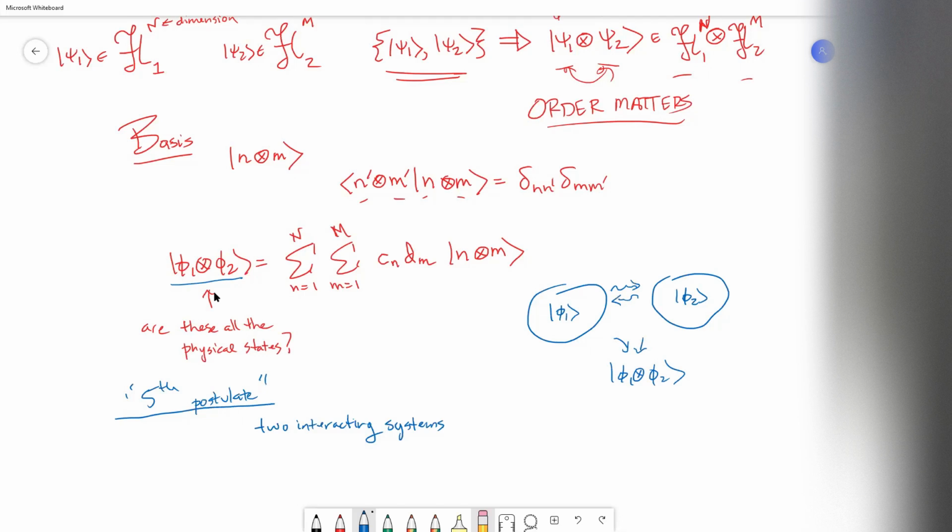But there is something that is true, which is given by this postulate: even if they're interacting, the two interacting systems will have a space of states given by H1 tensor H2.